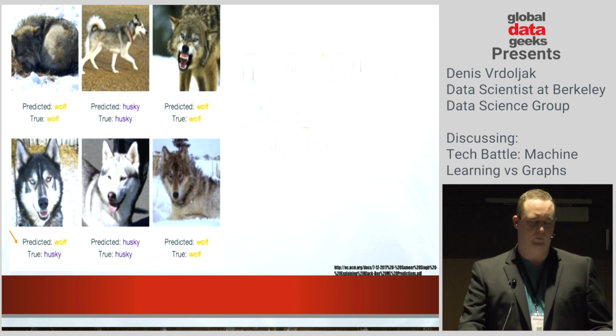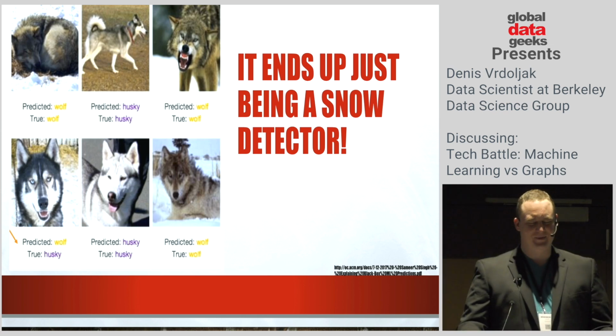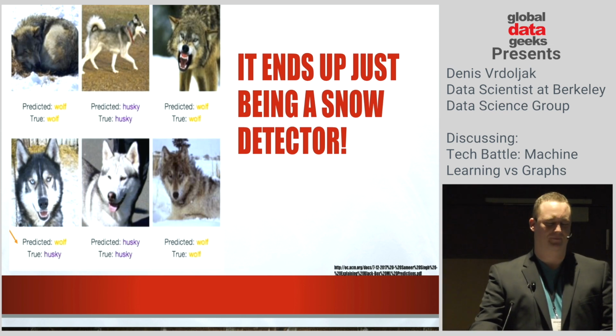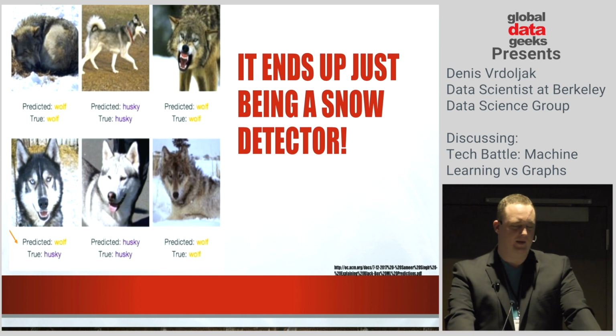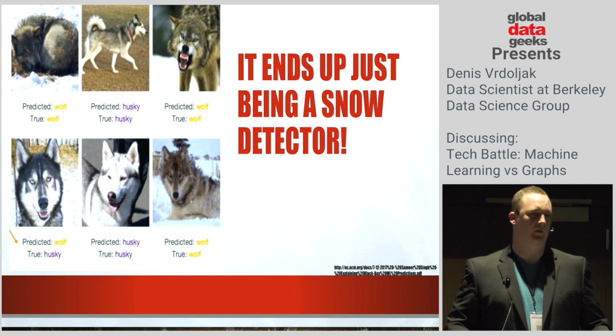What they actually built was a snow detector, because pictures of wolves tend to be around snow, and huskies tend to be around more developed areas. So they ended up building a model unintentionally that checks whether there's snow in the picture and then determines it's a wolf if it finds snow.